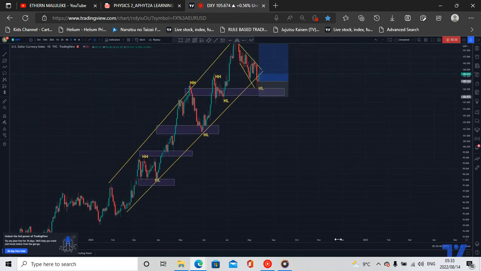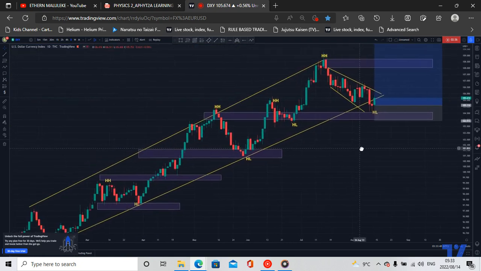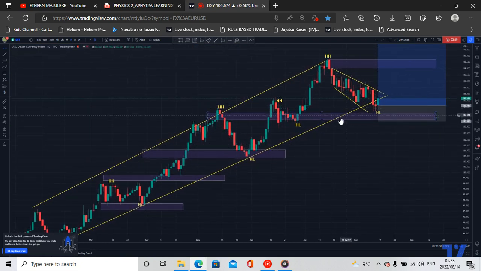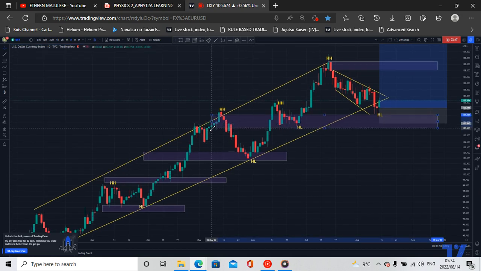So currently we can expect buys on the dollar index because we are back exactly on the support area here. This zone played a big role in the dollar index lately, and I believe we're back on our January high and low.